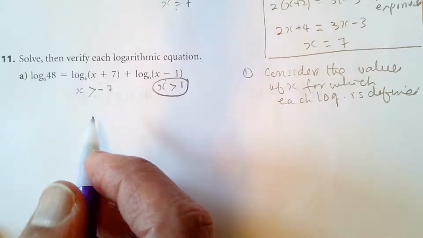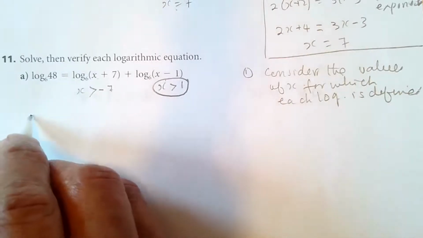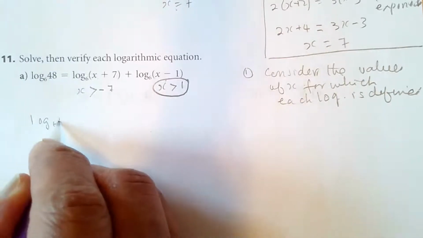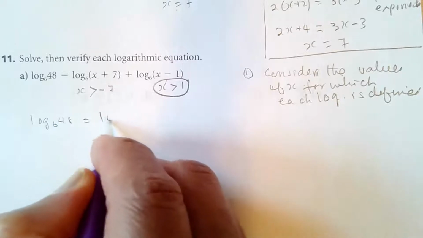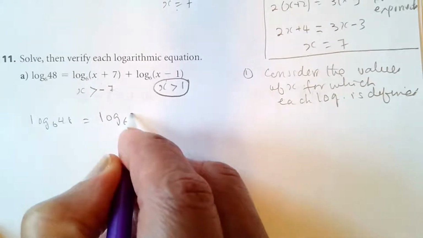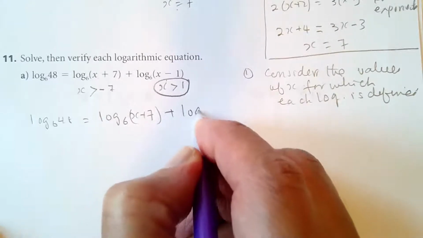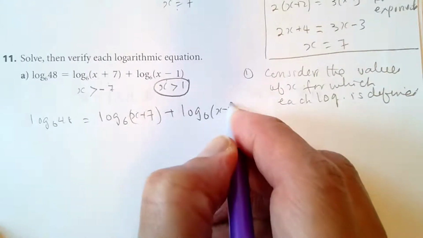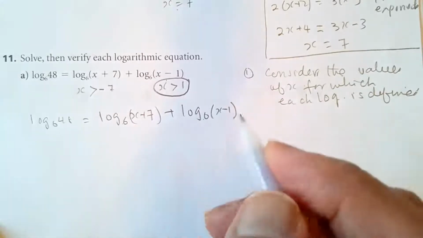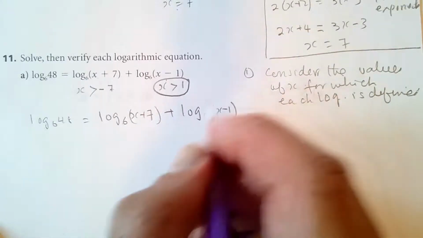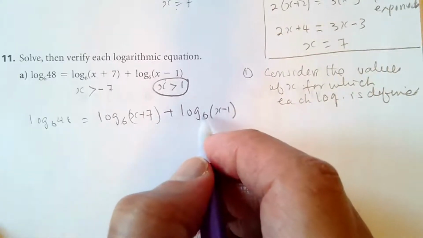The next step is to simplify our log. We have log 648 is equal to 6x plus 7, basically the same. So in this case, we can use a product law to simplify.